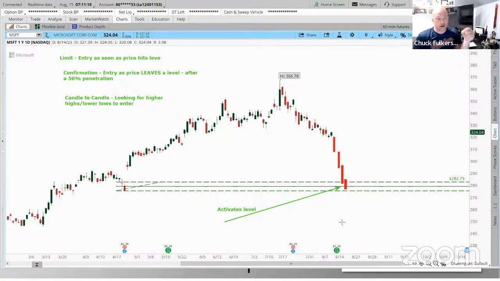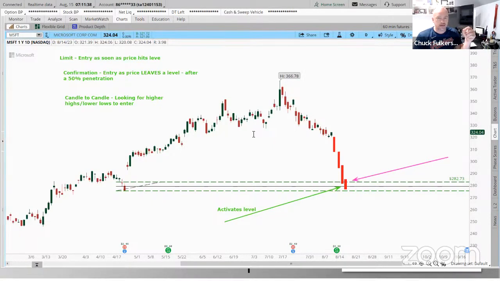So when I'm using confirmation entries, one level is going to be designed to activate the trade. The second level is the entry price. So the entry is still going to be right here.